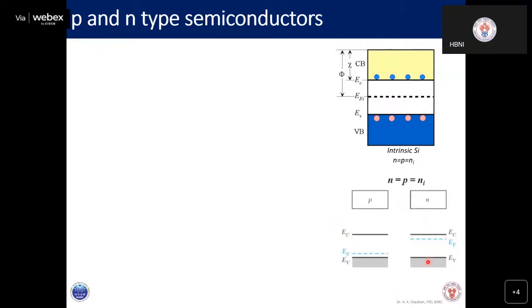Now, if we see here, suppose this is the conduction band.